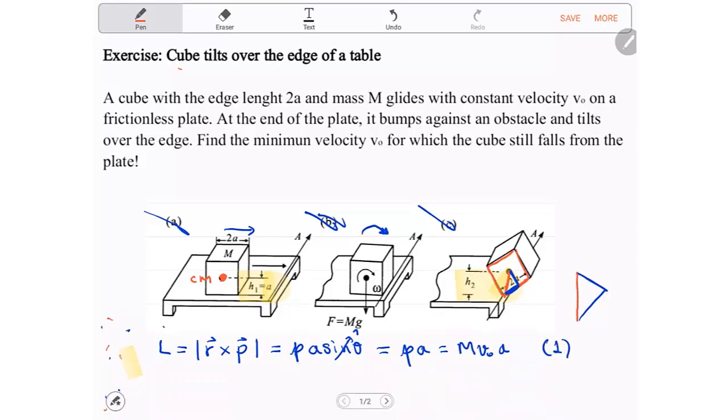There we go. Okay, this is H2. This is A. This is A.